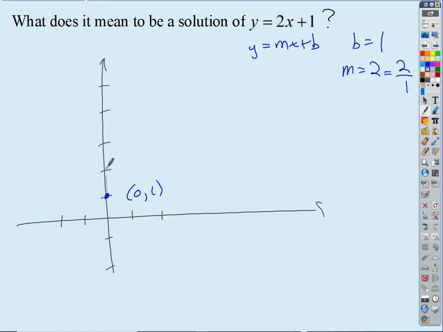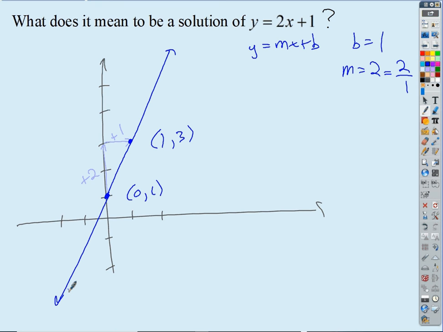So we could rise by 2, and we could run by 1, and we get to a second point right here. And what are the coordinates of that point, by the way? 1, 3. We're always going to do x first, right? So 1, 3. And then if I wanted to create the line, I'm just going to connect and extend those, right?